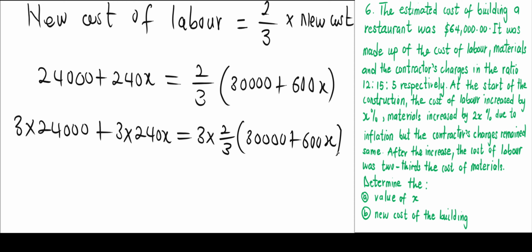All right. So here, 3 times 24 gives us 72, so we are going to get 72,000. Then 3 times 240 gives us 720x.